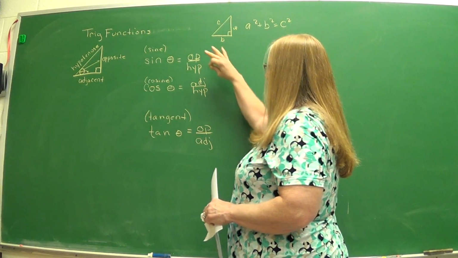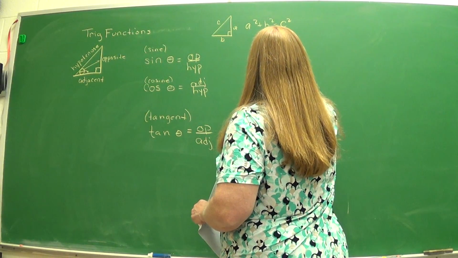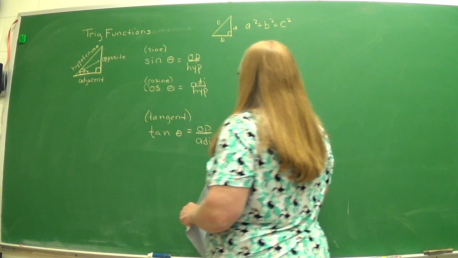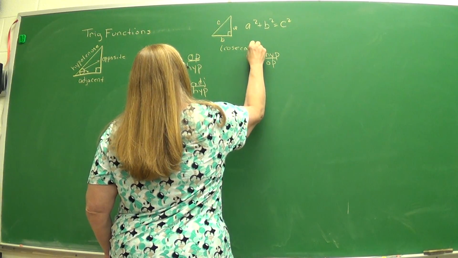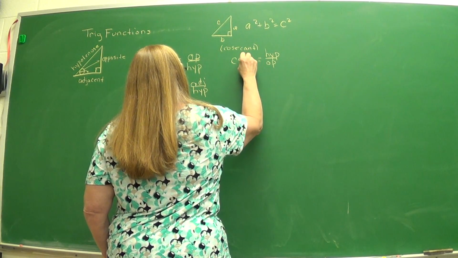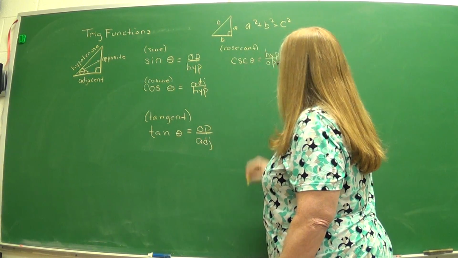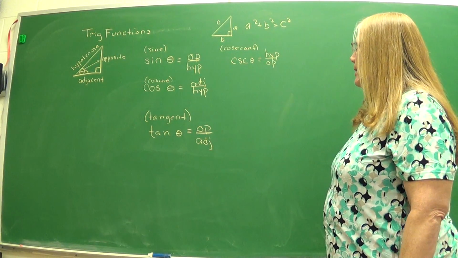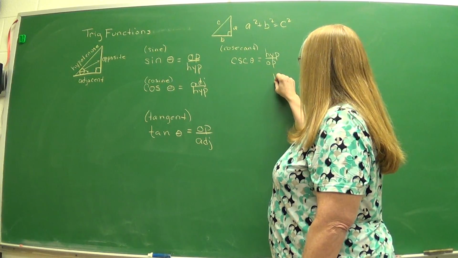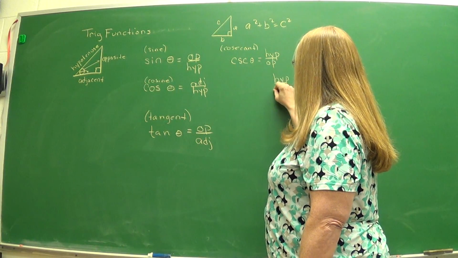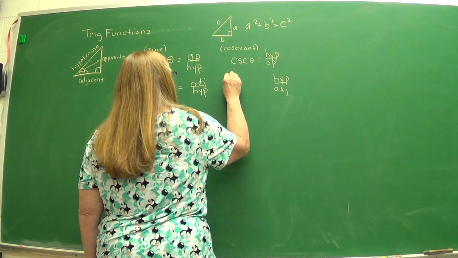So if you turn sine on its head, you have hypotenuse over opposite, and that is called cosecant. Its symbol is CSC. So cosecant theta. These names always have an angle with them. All right, then if you flip cosine on its head, you have hypotenuse over adjacent, and that has a name, and that is secant.